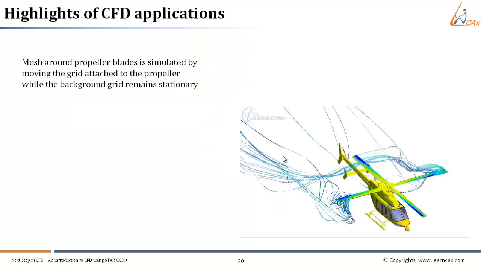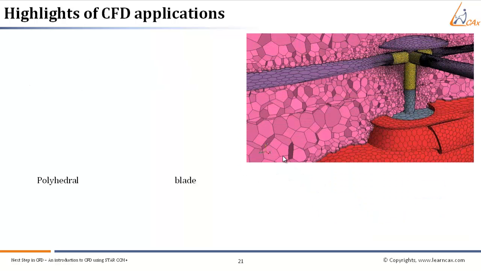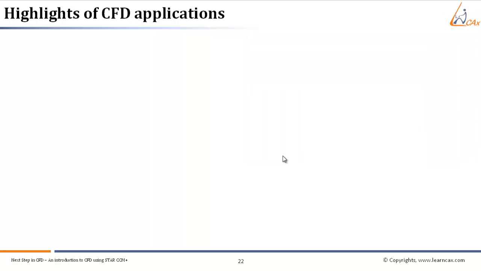Also a helicopter simulation where the mesh around the blades is changing, which means that the remaining grid surrounding the propeller can remain stationary, whereas the grid attached to the propeller is only moving. This is an example of the polyhedral mesh around the helicopter blade, which makes it very easy to mesh different complex geometries.